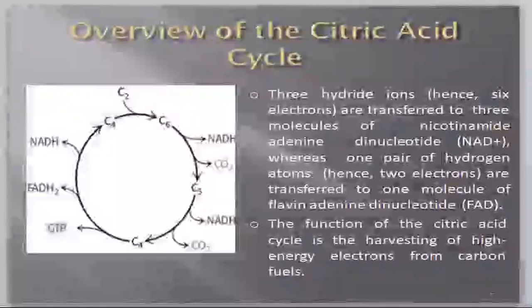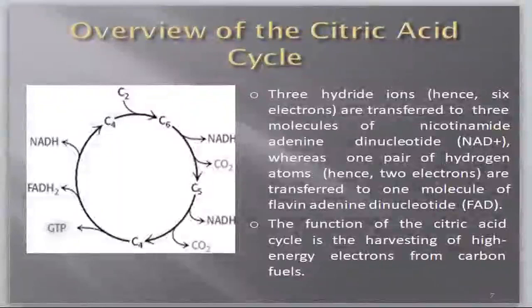The function of the citric acid cycle is the harvesting of high energy electrons from carbon fuels, as these electrons contain energy. In order to extract the energy present in the hydride ions of these carbon fuels, we need acceptors such as NAD plus and FAD.